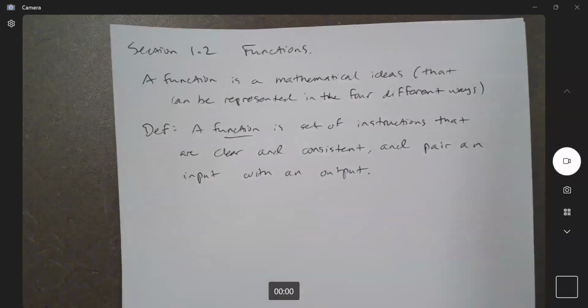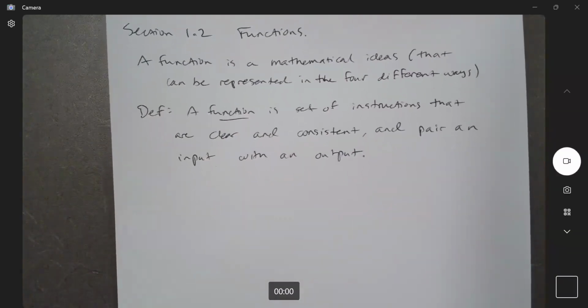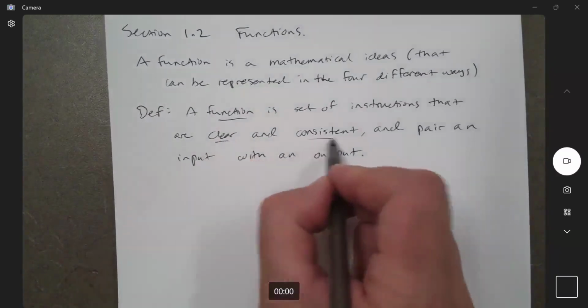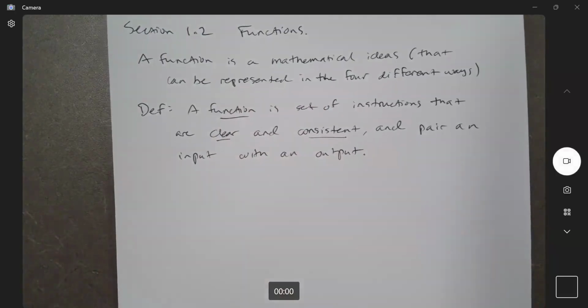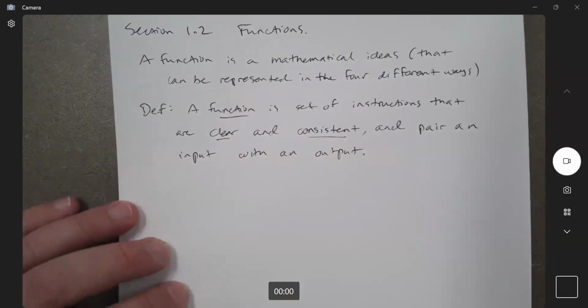So that's a definition that's probably useful to carry around with you. This clear and consistent piece, I think, is very important because ultimately functions allow us to do things, but you can't do something if you don't know what to do, right? If it's not clear, and you can't do something consistently if the instructions aren't consistent.